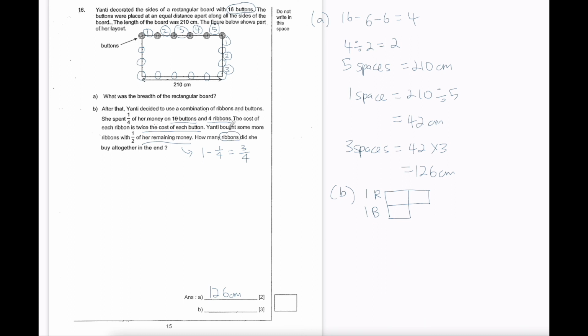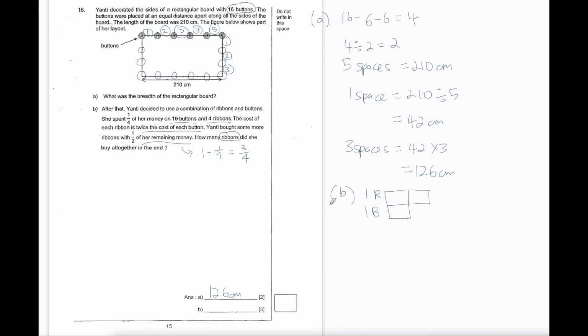So I'm not given the price. I'm only given the relative price, which is the ribbon costing twice as much as a button. So I need to either change all of this to buttons or all of this to ribbons in order to do my question. Okay, so 1 ribbon and 1 button. How do I make it the same?